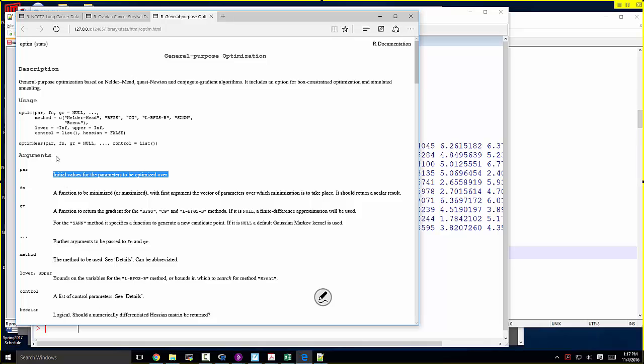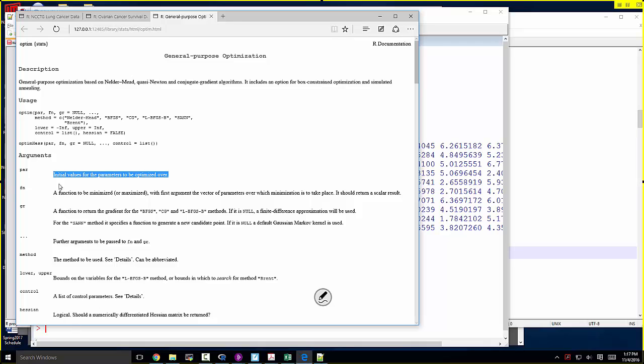The way that we're going to call it is, say, optim, and the first argument needs to be initial values. So this is an iterative algorithmic numerical method for maximization. It's not doing calculus. What we generally have to do with those types of algorithms is tell it where to start. What's a good initial choice for mu and sigma squared?